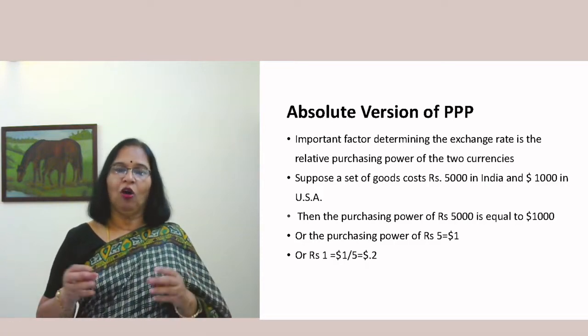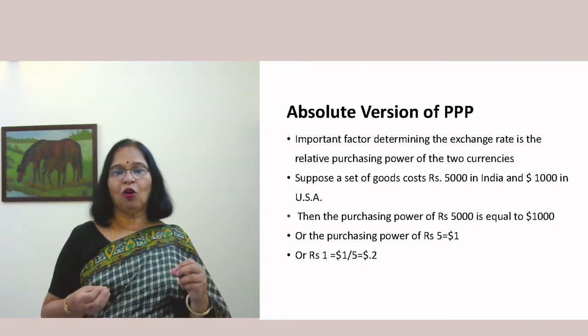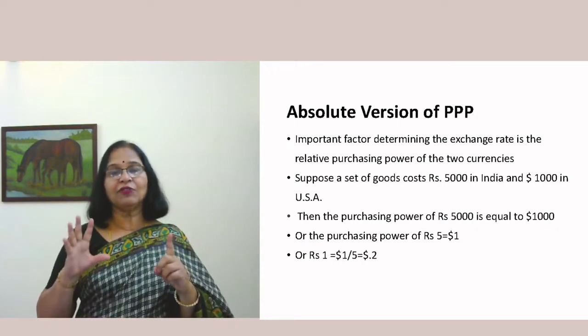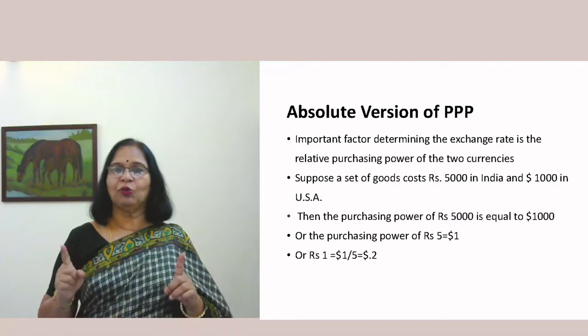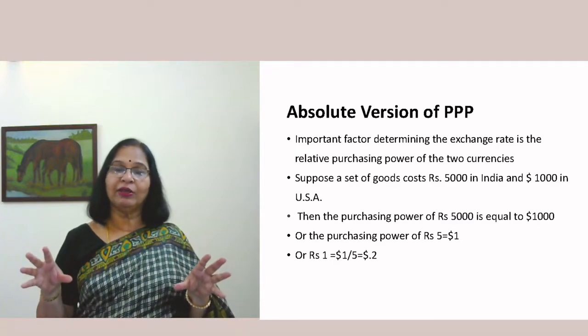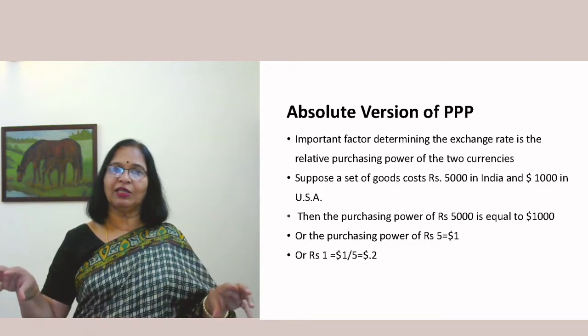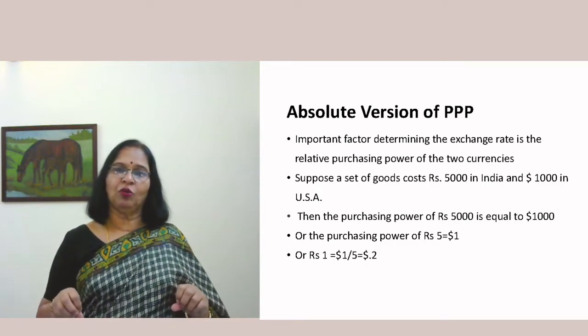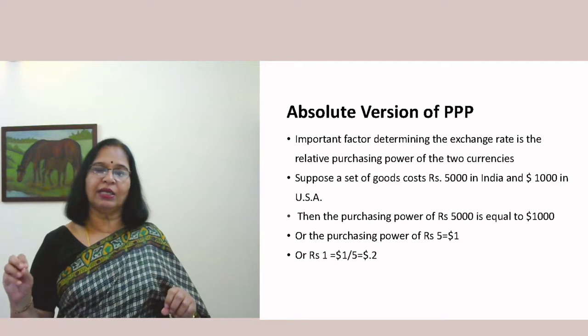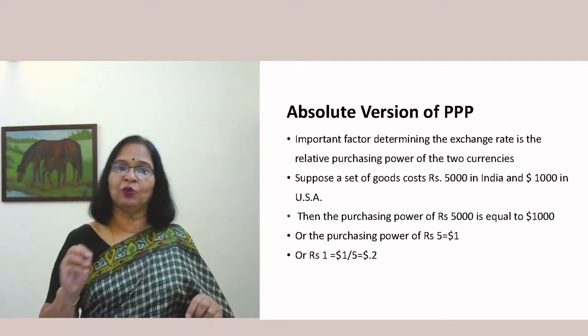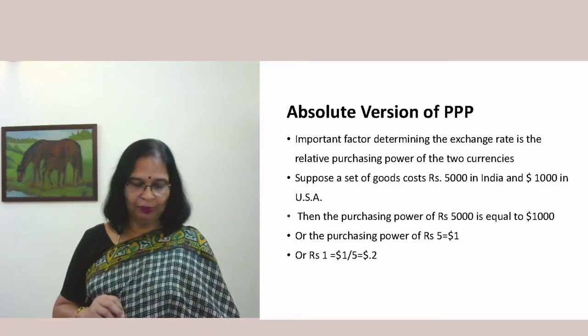That's a simple thing. Or we can say the purchasing power of $1 is 5 rupees. So $1 is equal to 5 rupees because we are considering the purchasing power of the currencies in the respective countries for a similar set of goods. So this is how we are understanding the exchange rate under the absolute version of the PPP.